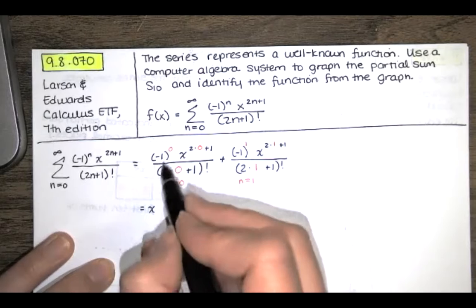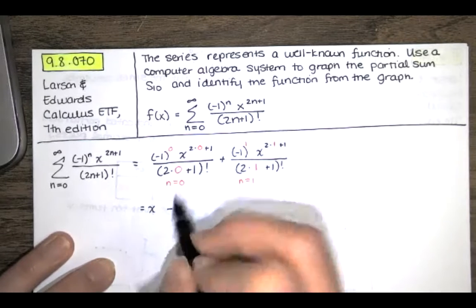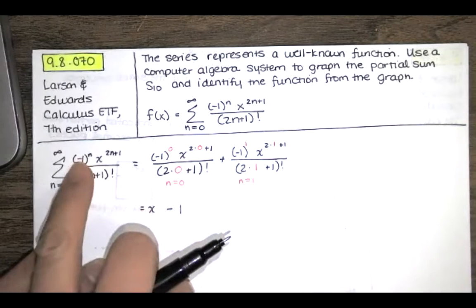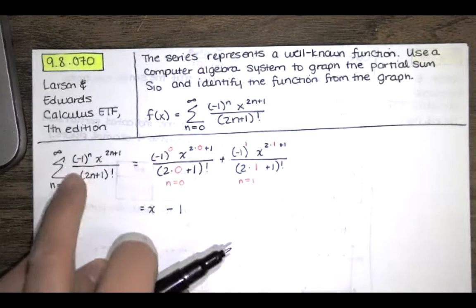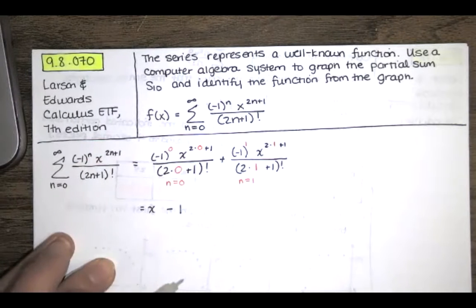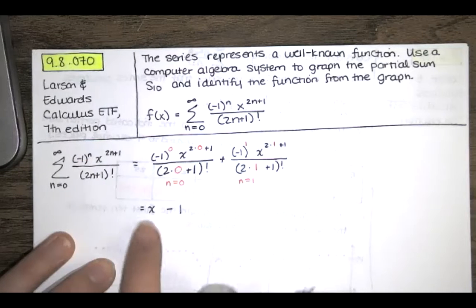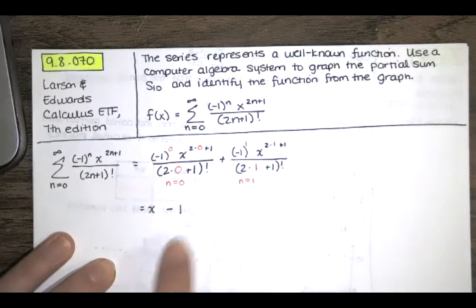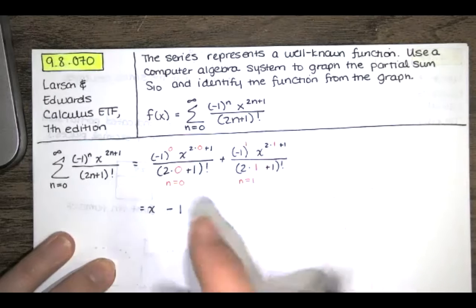That changes from positive over here to negative over here. So this is just going to flip back and forth from negative to positive. When n is even, we'll get a positive number, since negative 1 to an even power is positive 1. When n is odd, we're going to get a negative number. So the terms flip back and forth from positive to negative. This is an alternating series.